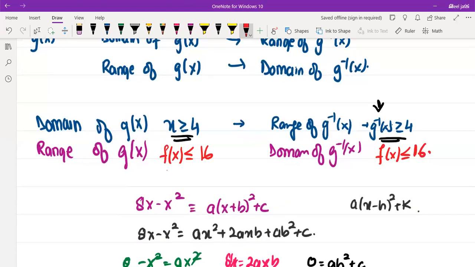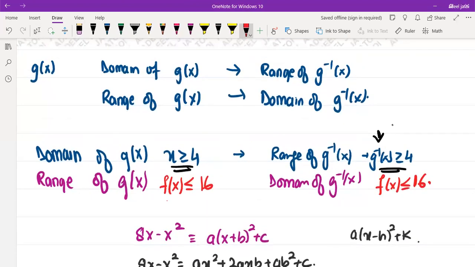Why did this happen? Because the range of g(x) is basically the domain of g inverse of x. So your range of g(x) is less than or equal to 16, so the domain of g inverse of x will be f(x) less than or equal to 16.